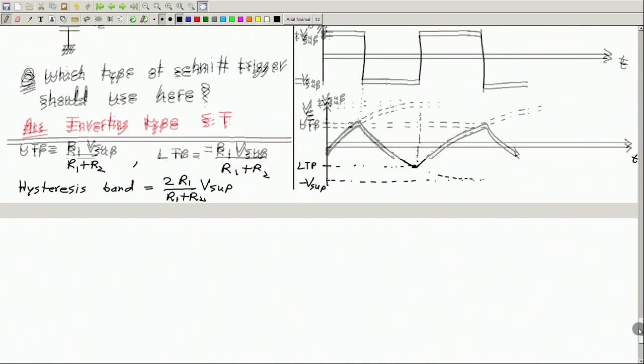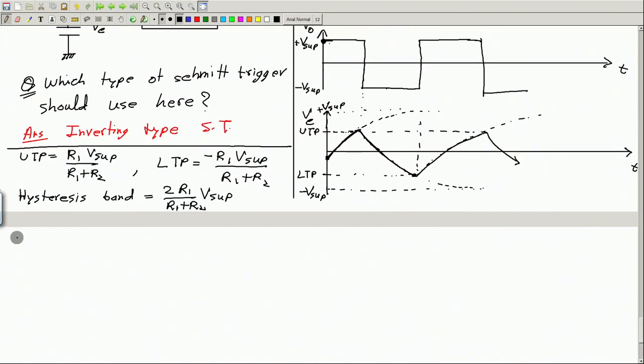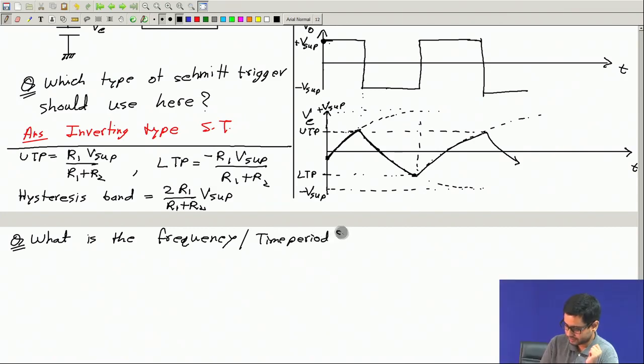Now let us ask, what is the frequency, or time period? So the time period is here to here.